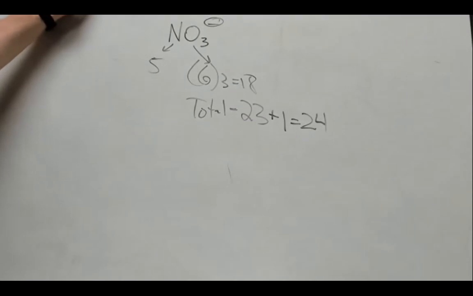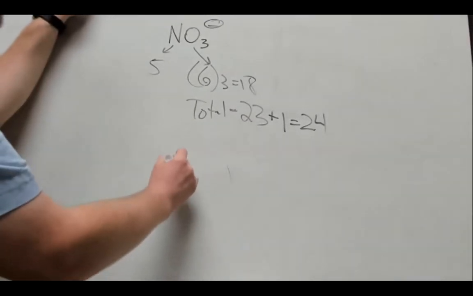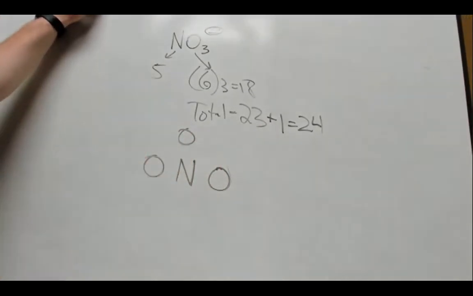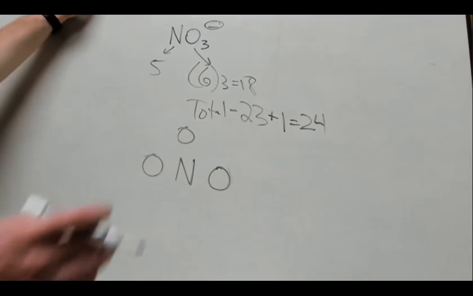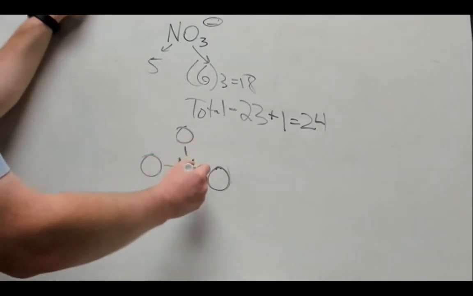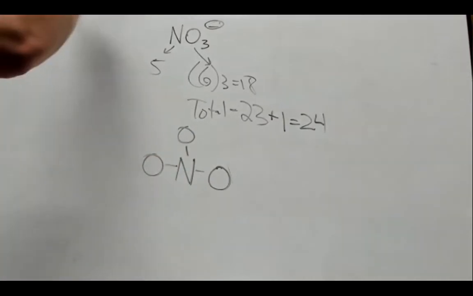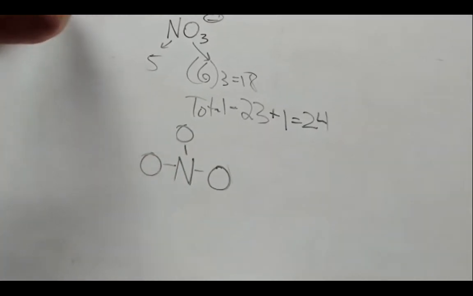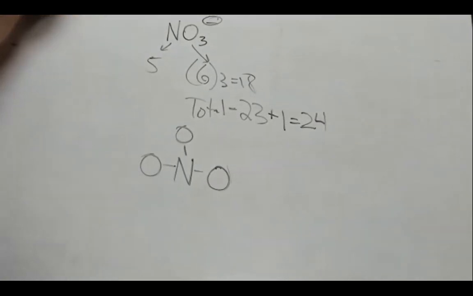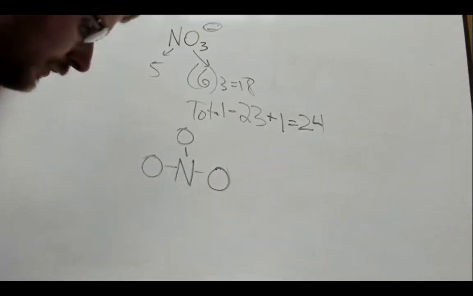Which element is going to be in the middle? Exactly, nitrogen, because it is the least electronegative. Then we just fill in everyone around it. I'm going to draw the bonds as lines. Remember, each line, each bond, is worth 2 electrons.